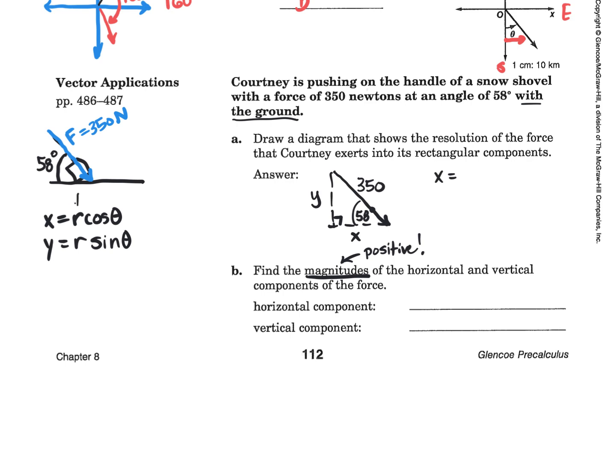In this formula, what does this stand for in my picture? Yeah, 350 times the cosine of what? 58 degrees. And we'd use our calculator for that. So somebody figure out what 350 cosine 58 degrees is. Make sure you're in degrees, though, and not radians.